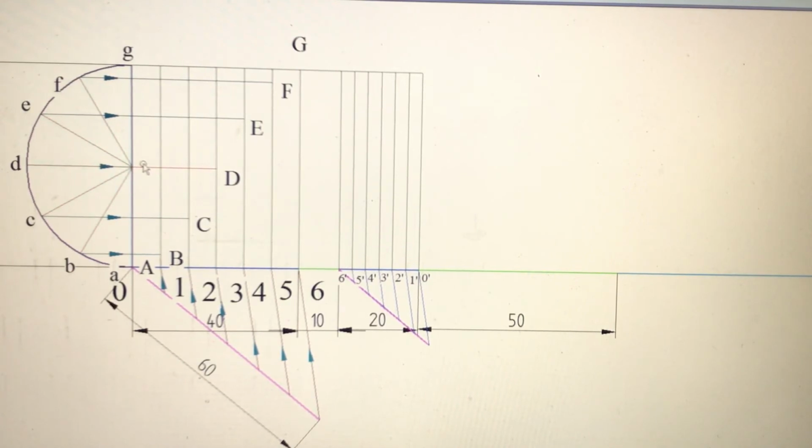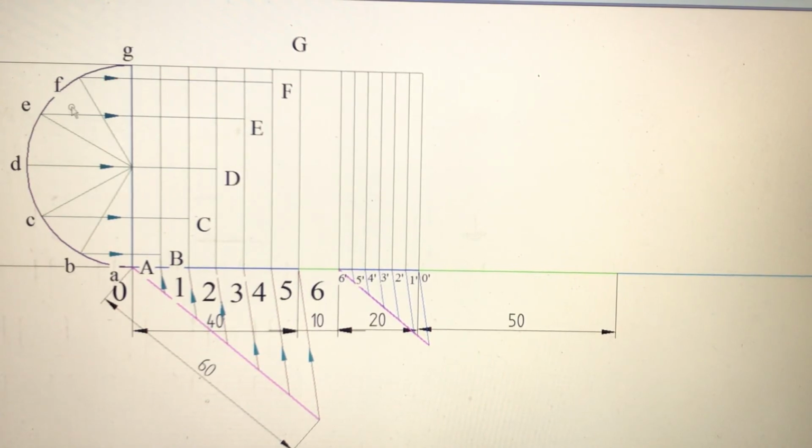Keep your compass here with a radius of 25 mm, then draw a semicircle like this. Then divide this semicircle into 6 equal parts, because I have 6 equal parts here.